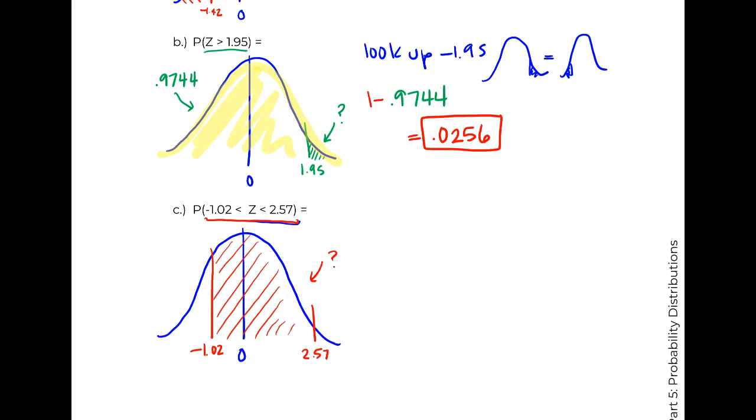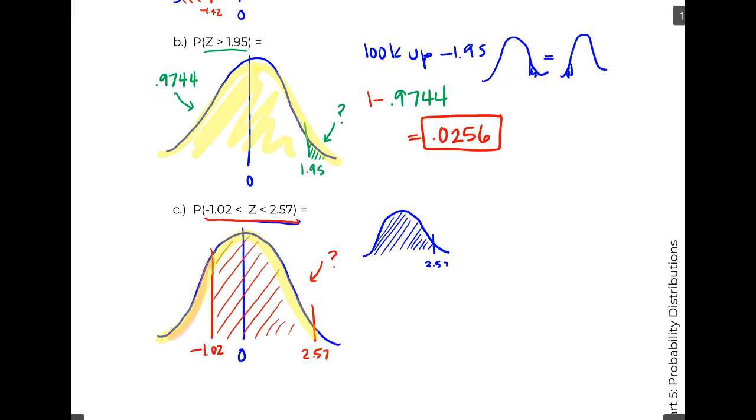So if you thought about this one, you probably went and looked up one of your values. If you look up 2.57 in the table as is, you're going to get all of this area, which is just too much. You've run ahead and you've gotten all of this. It's exactly too much by this area.